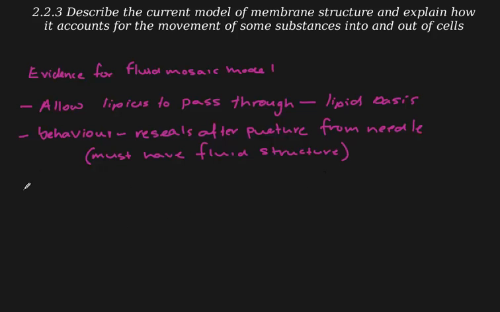Now finally, it was first thought that it was a monolayer. However, this was later disproven when the estimates of how big the cell would be were twice the size of what we estimate a cell size to be. So if it was a monolayer, it had twice the surface area of the cell. So this suggested it was arranged in a bilayer.